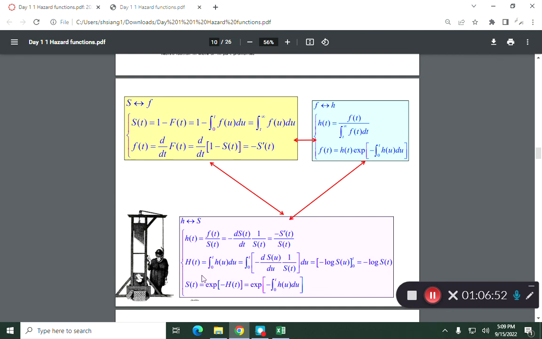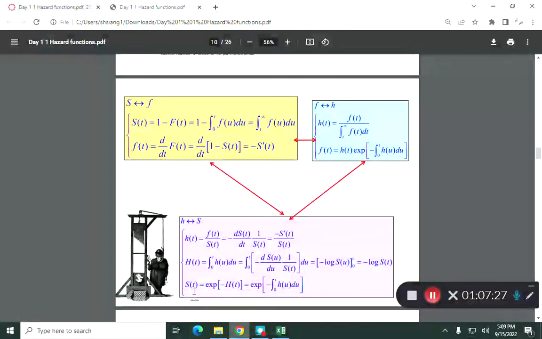So you turn this, reverse it, since this is invertible, since this is a monotonic function, so the survival function equals the exponential of negative of the accumulation of hazard. So what it means is the less likely you're going to accumulate the bad stuff, the more likely you're going to survive. Or the more bad stuff you accumulate, the less likely you're going to survive.